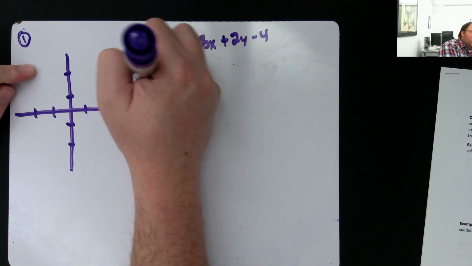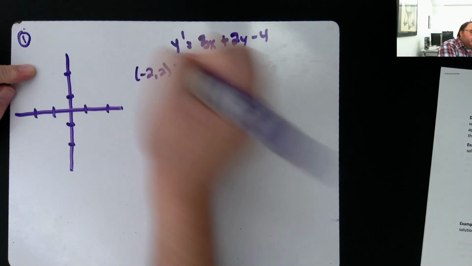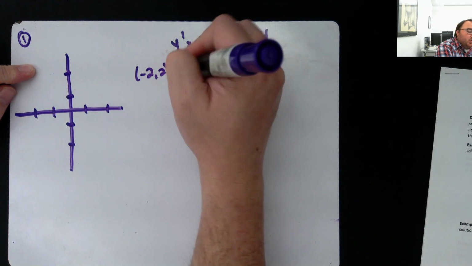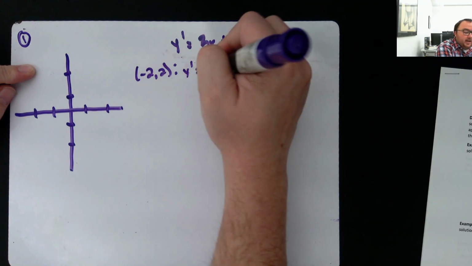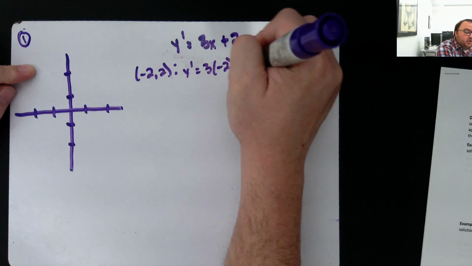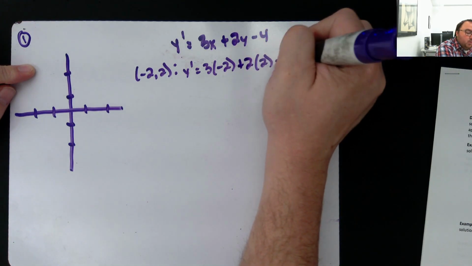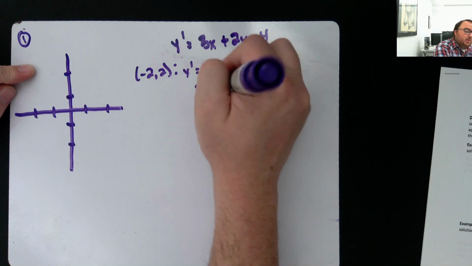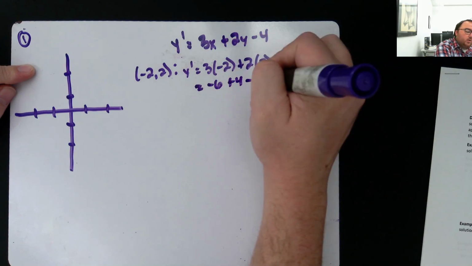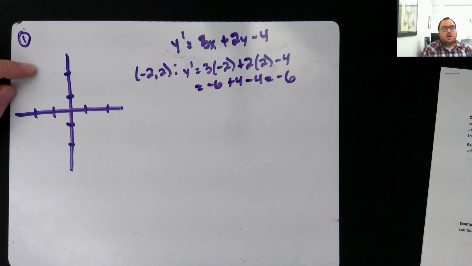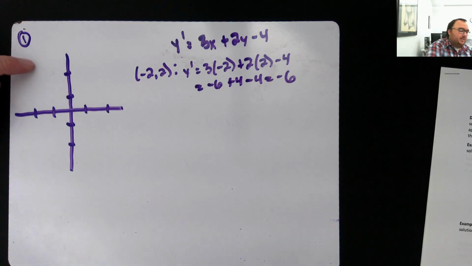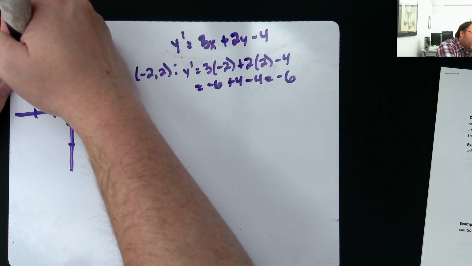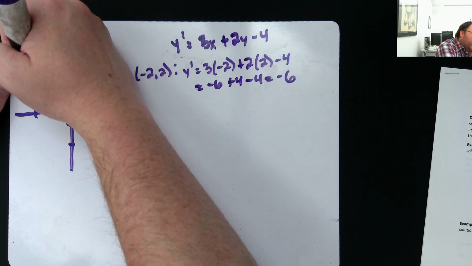In that case, y prime would be 3 times -2 plus 2 times 2 minus 4. That's going to give me -6 plus 4 minus 4, which is -6. So at (-2, 2), my slope is -6. So draw a line segment there with the slope of -6.